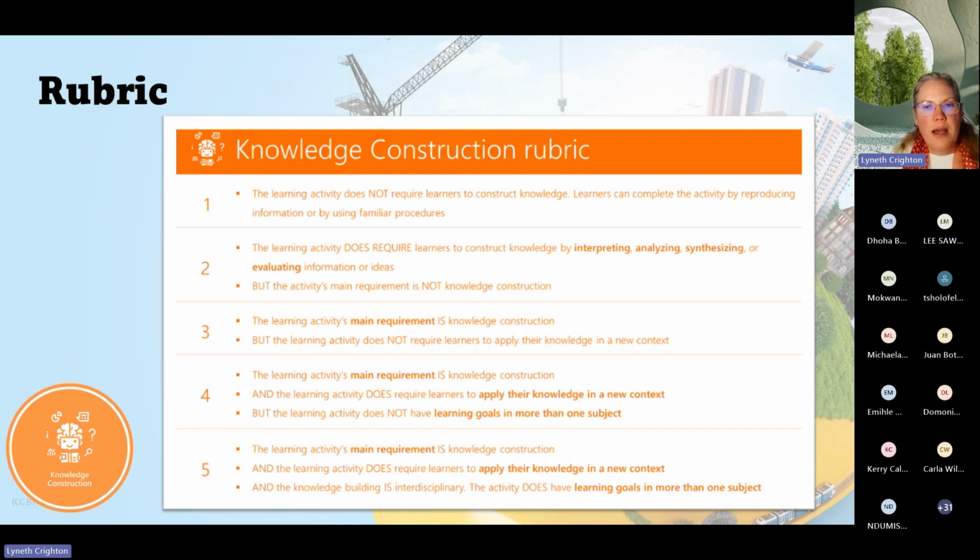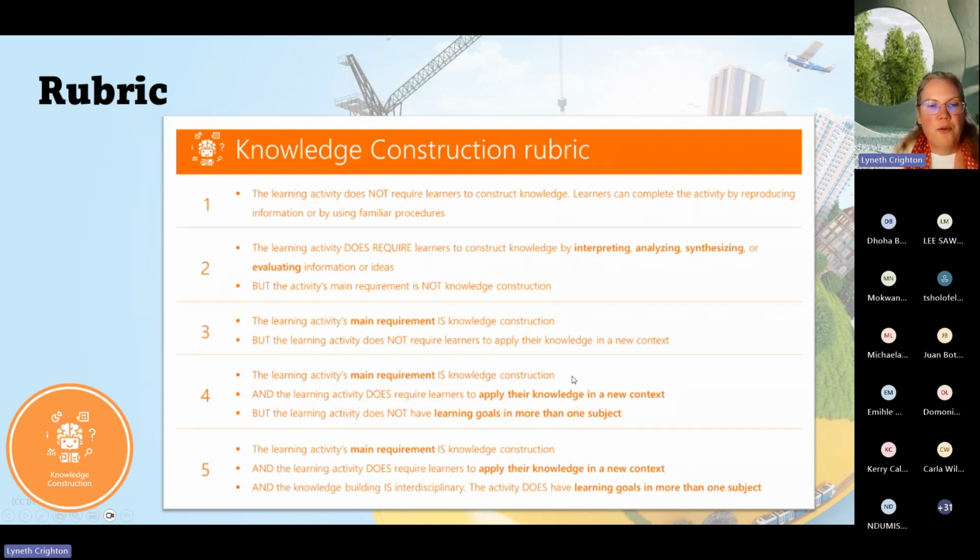They do require to construct knowledge, but it is not the main part of the activity. Then level 3 is it is the main requirement, but the learning activity does not require the learners to apply themselves in a new context.